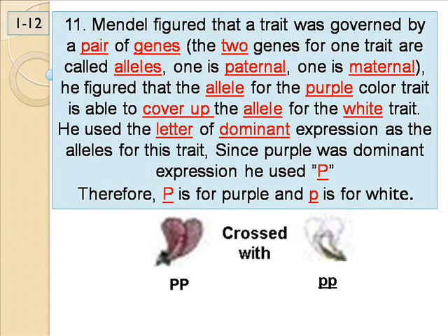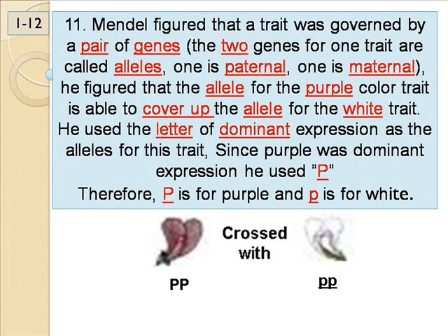He figured that every trait, like the color of the flower, how tall the plant was, what the seeds were like, was governed by paired genes. Pair genes. And he called those alleles. So there's an allele for purple, an allele for white.